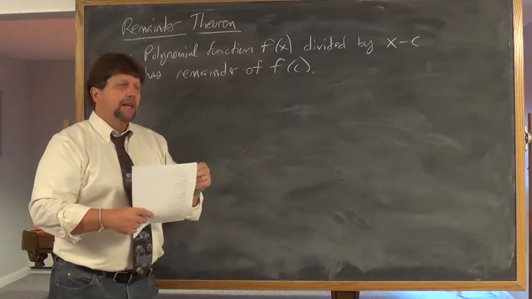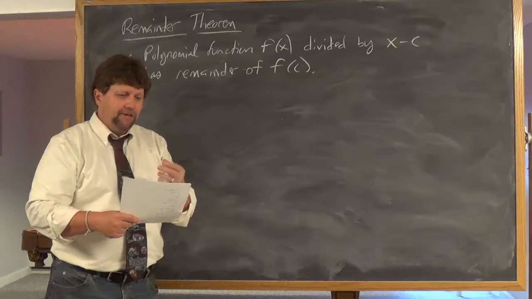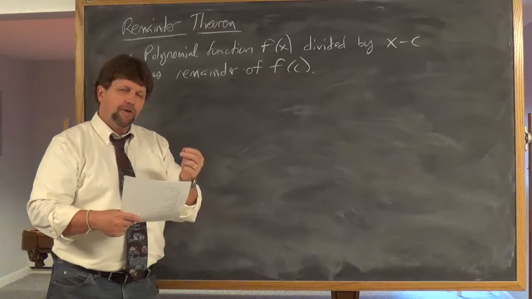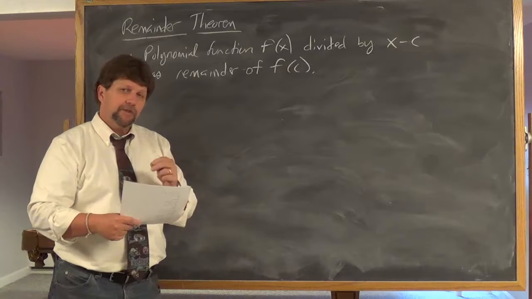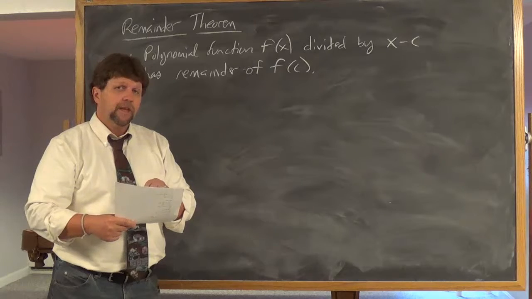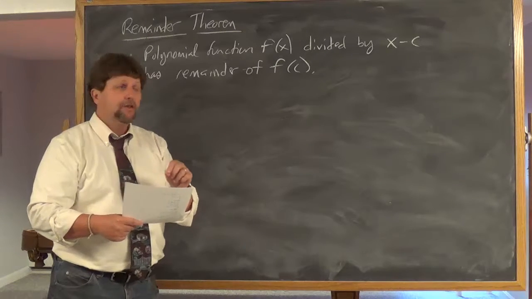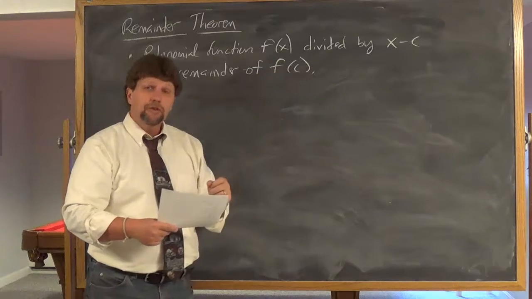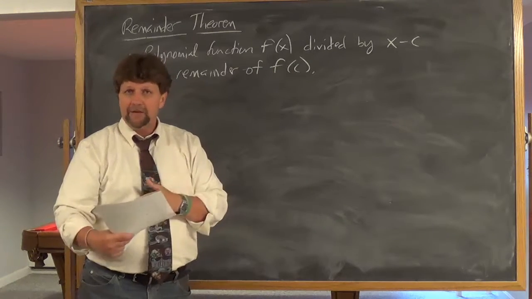So if you look at the last example, we took the polynomial function 2x to the fourth plus 3x cubed minus 4x squared plus x minus 2, and we divided it by x minus 2. If we evaluate it at 2, we do f of 2, we would end up with 40, which was the remainder.